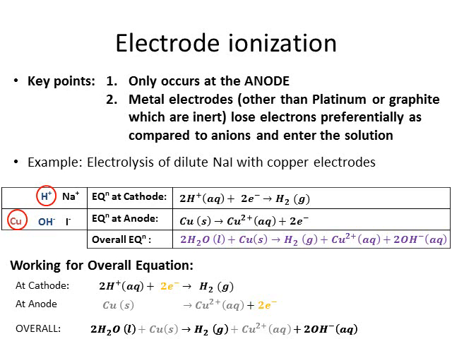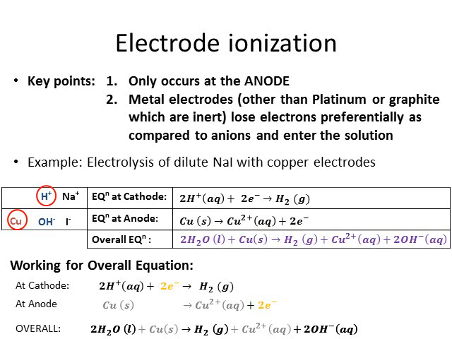Now, a couple of things that we can take note of here. First of all, because the metal electrode is becoming the ion and entering the solution, the metal electrode will become smaller. On the other hand, because Cu2 plus is entering the solution, you're actually going to get a blue patch forming around the anode, because Cu2 plus ions are blue in color.